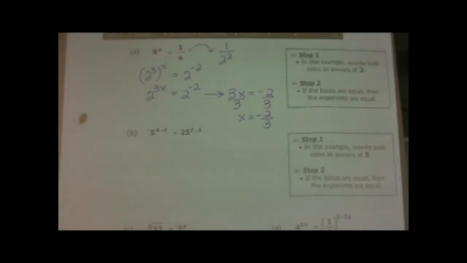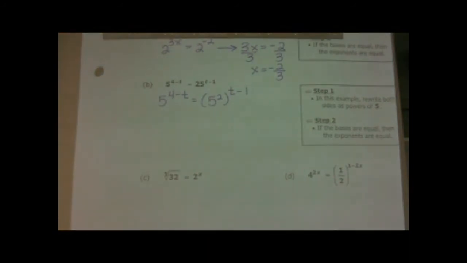All right, let's take a look at B. The two bases I have are 5 and 25. I want to have the same base. So here's what I can do. I can rewrite 25 as 5 squared. All right, so I've got 5 to the 4 minus t power equals 5 squared to the t minus 1 power.